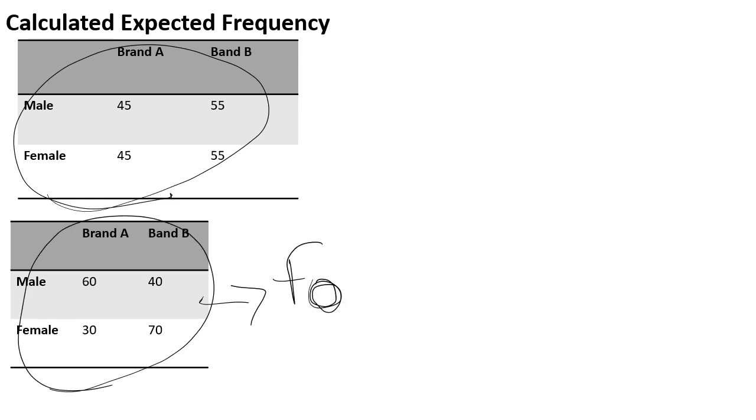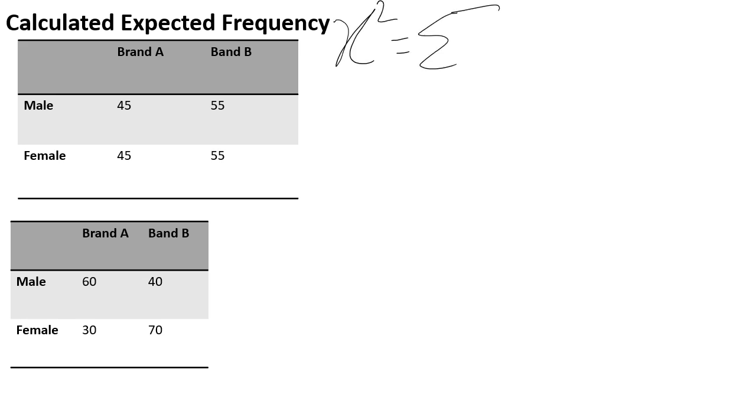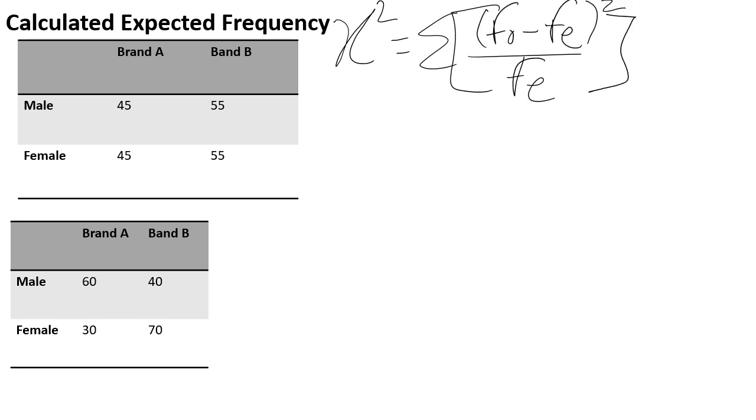and this is our observed frequency. Okay, always keep the chi-square formula in front of you. So the chi-square formula is this: FO minus FE the whole square upon FE. Now we are breaking down the formula and calculating the chi-square.